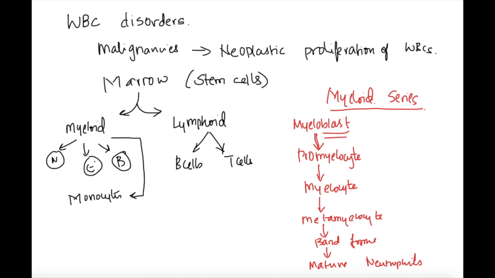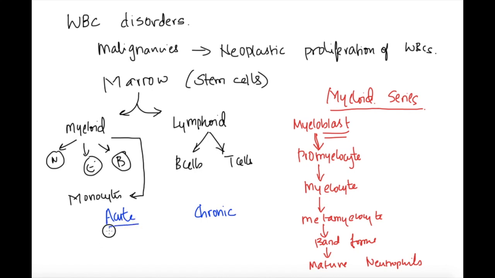One more important thing before we start the topic proper, we need to understand the nomenclature of WBC malignancies. We have something called acute versus chronic. What does acute refer to?